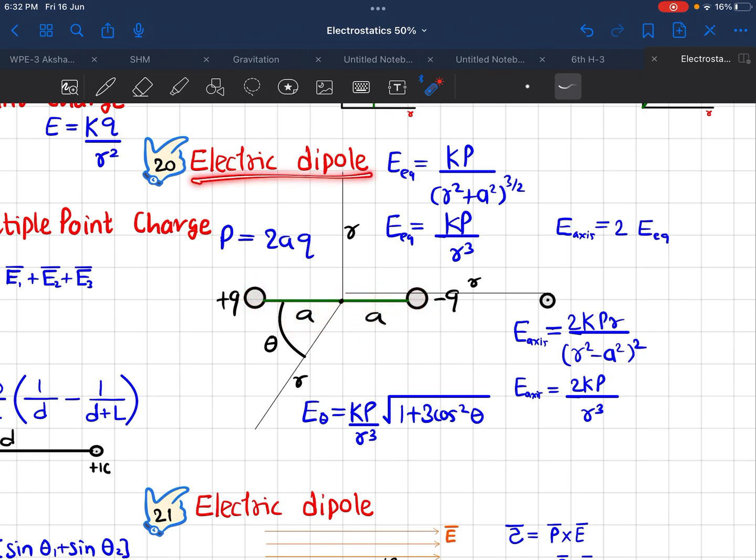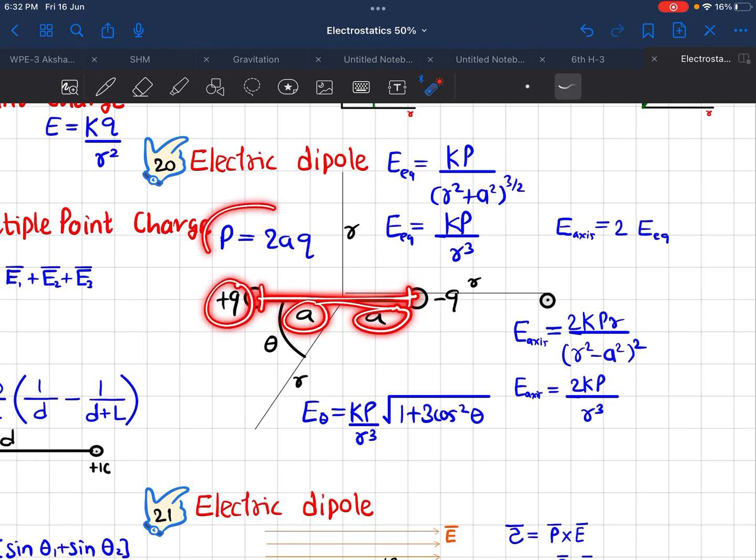The property of an electric dipole is the electric dipole moment. It is a vector. What is electric dipole moment? The product of dipole length, that is 2a, and charge q is called the electric dipole moment.